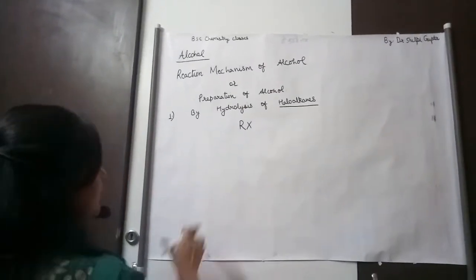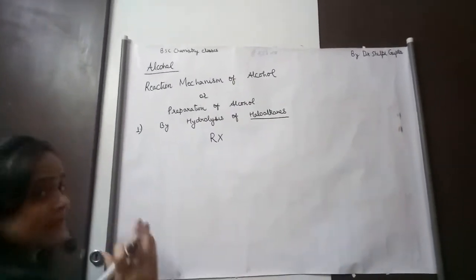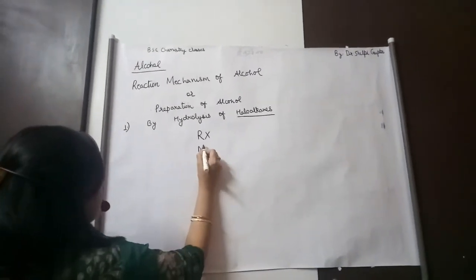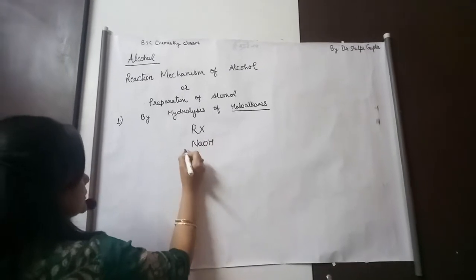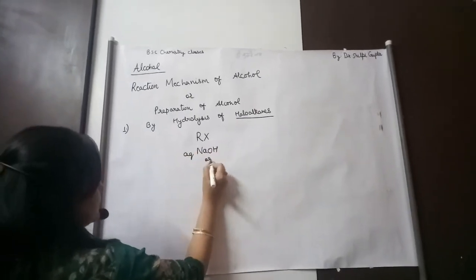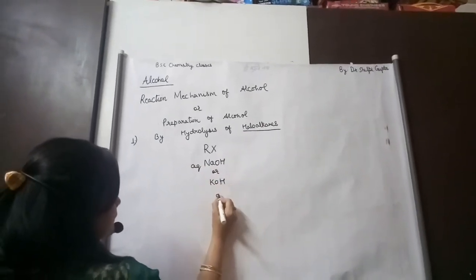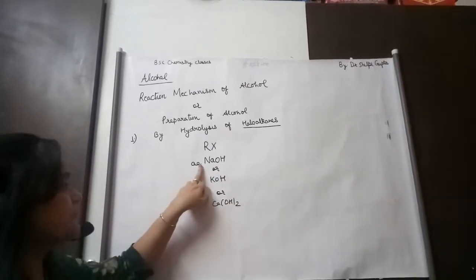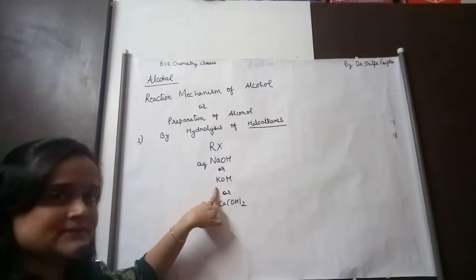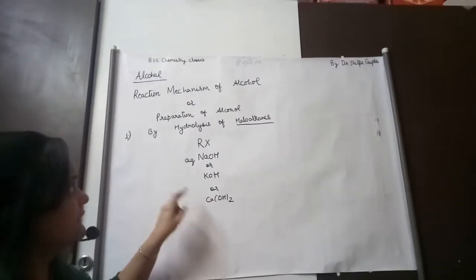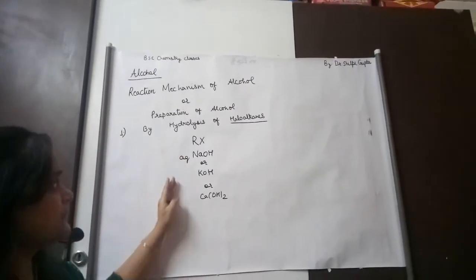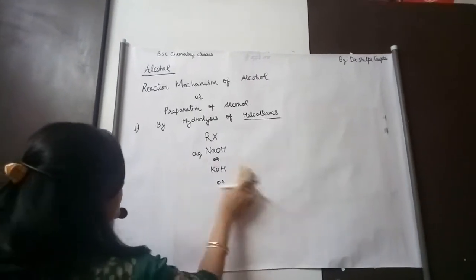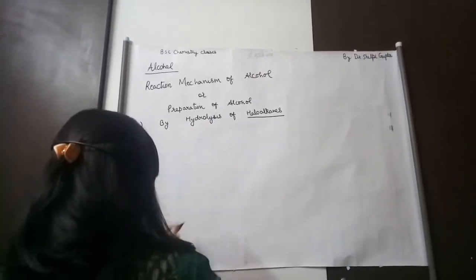Okay, now hydrolysis of haloalkanes is carried out in presence of aqueous NaOH or KOH or Ca(OH)2, that is sodium hydroxide, potassium hydroxide and calcium hydroxide. This reaction is carried out in presence of any of these reagents. Now let me give you the example.